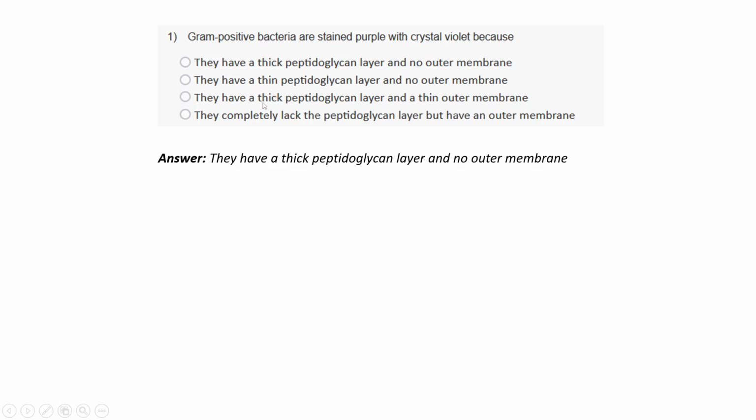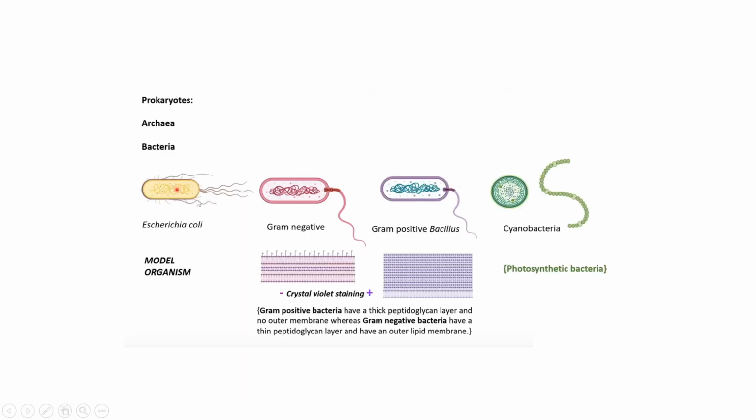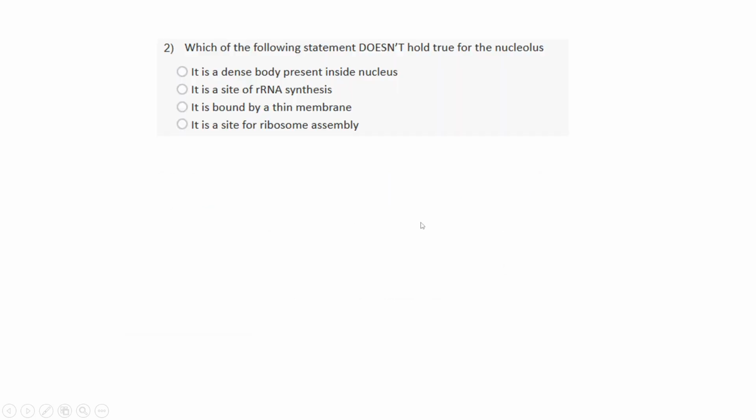Because they have a thin peptidoglycan layer. And what about the membrane? The outer membrane is present. So this we discussed in the slides. During the crystal violet staining, because peptidoglycan is very low in gram-negative bacteria, it will be stained pink by safranin, the secondary staining. And in gram-positive bacteria, crystal violet will stain very highly.